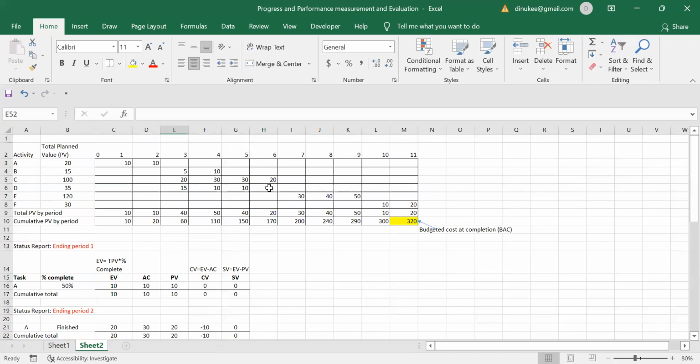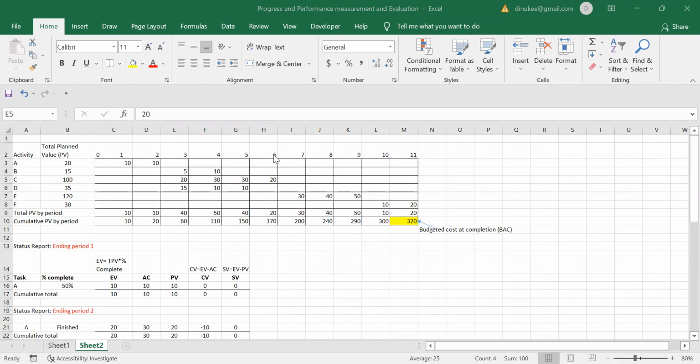For the C plan value is how much? Getting the summation here, right? Plan value එක මොකද්ද C එකට at the end of period 6? Very good. It should be 100.